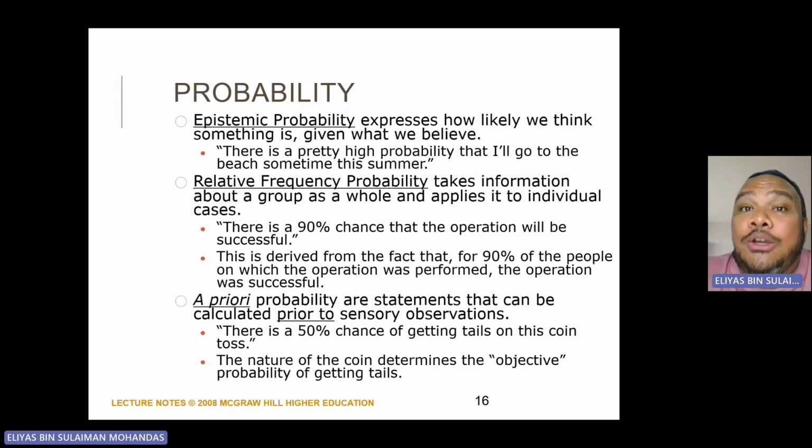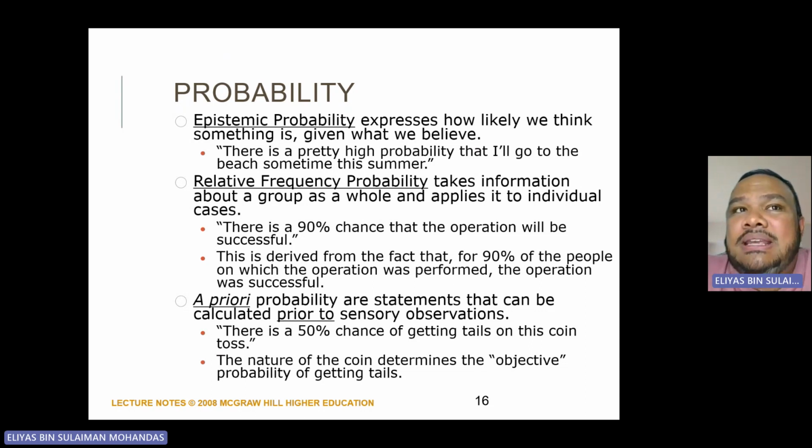Next is relative frequency probability. This types of probability has appeared in exams before, so you may want to really understand it. It takes information about a group as a whole and applies it to an individual. For example, doctor, do you think that this surgery will be a success? Well, there is a 90% chance that the surgery or the operation will be successful.